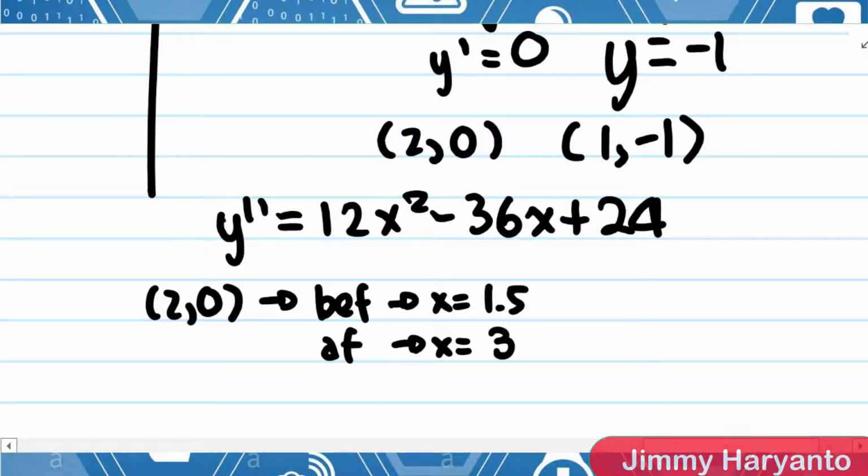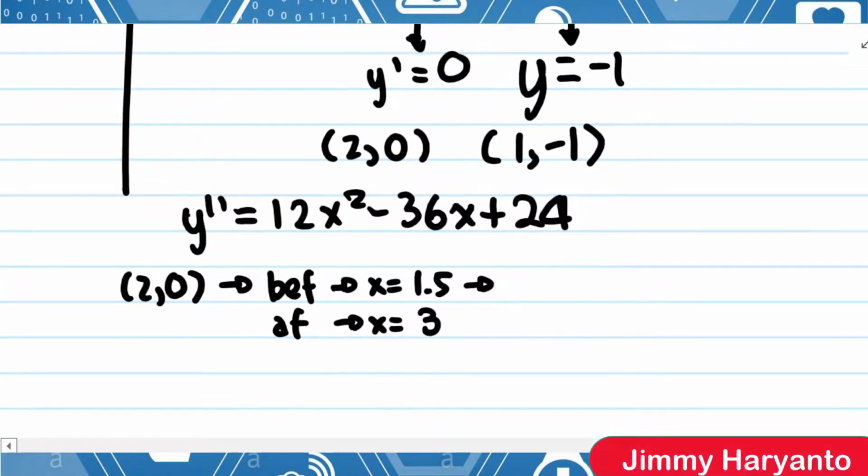After is 3 maybe. For the 1.5 you will get, I guess it will be positive. 1.5 squared will become 2.25, 24 plus 24 minus 36, okay, that will be positive.